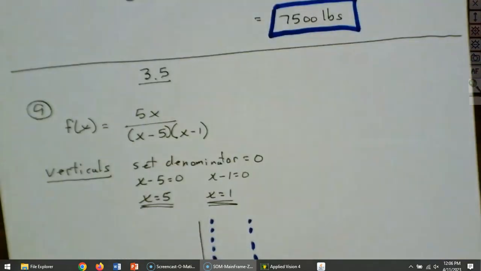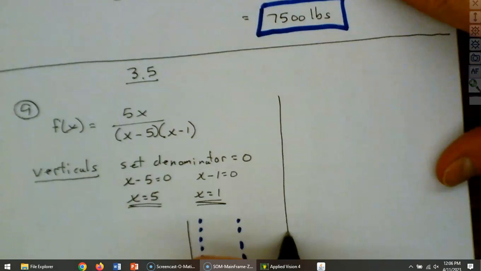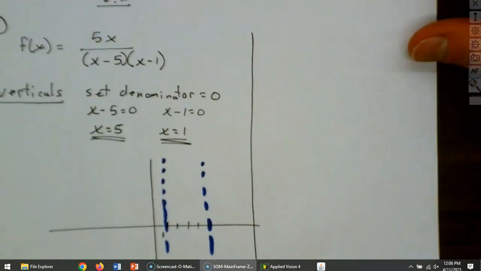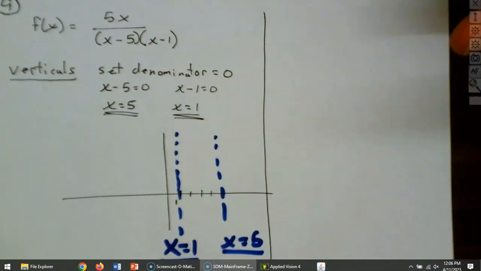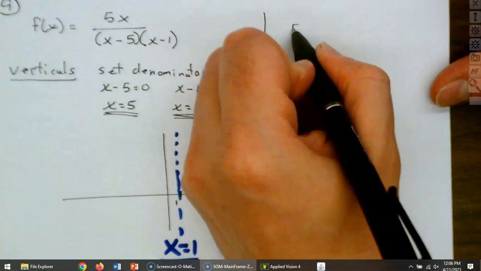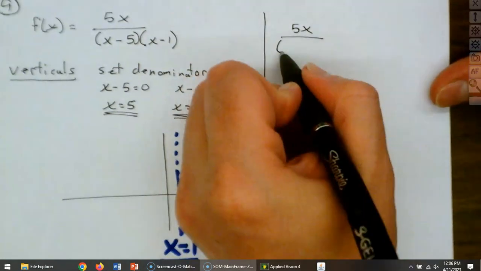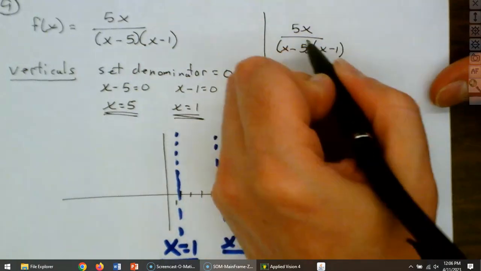Now we find our horizontal. So let's remember how we find our horizontal. Well, to find the horizontal, what do we do? In this case, we're going to need to FOIL this out. So I've got 5x over (x minus 5)(x minus 1).